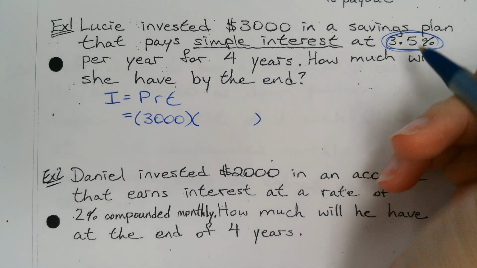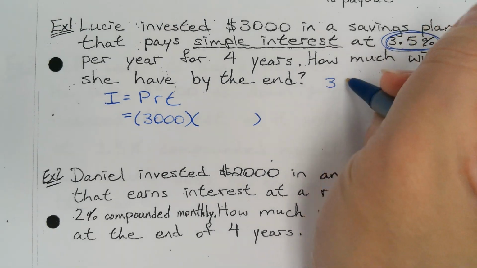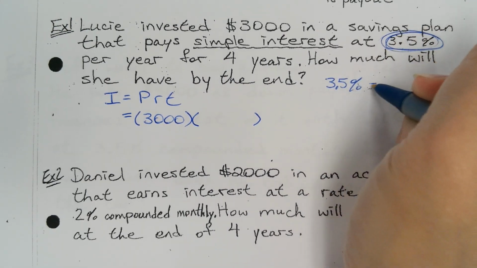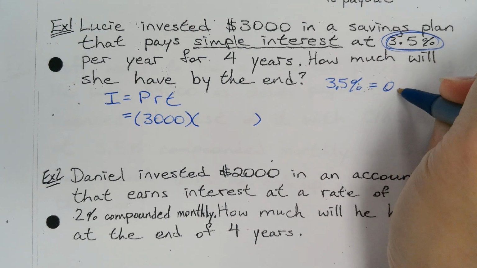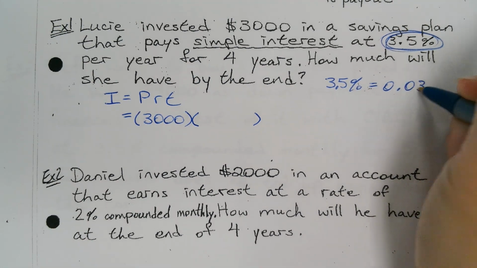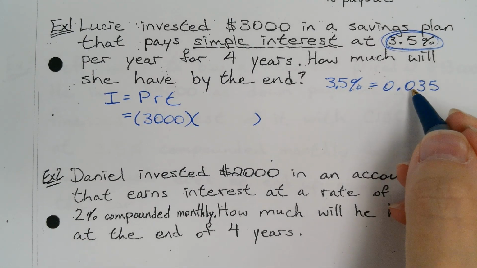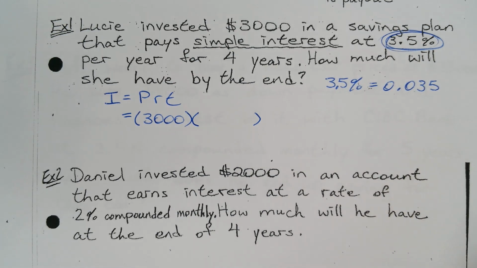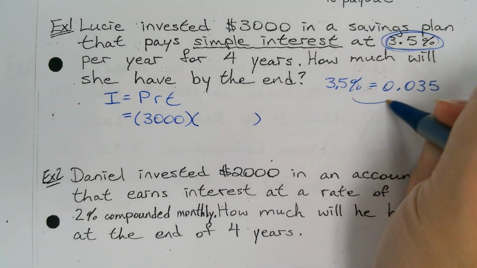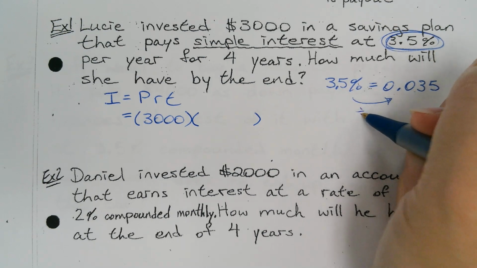Yep, convert to a decimal. So what is 3.5% as a decimal? 0.035. If you say 0.35, you're talking about 35%. So remember, 3.5% equals that by dividing by 100.